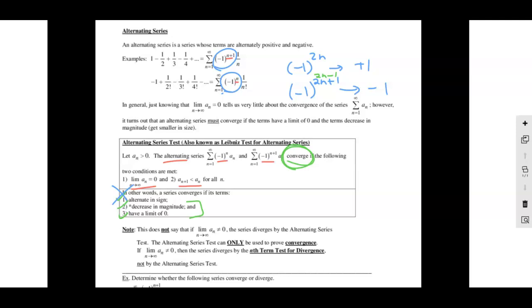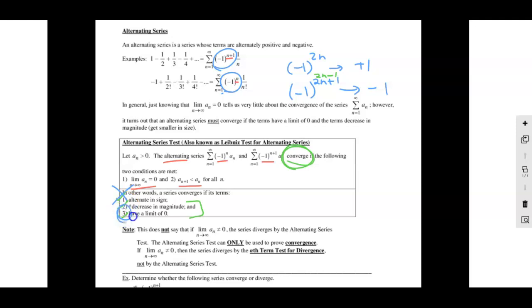The theorem only says if the things work, then it converges. We don't know what happens if one of those 3 things fails. So if the first condition fails, you can't use the alternating series test, but that should be obvious because if they don't alternate in sign, you're using the wrong test to begin with.